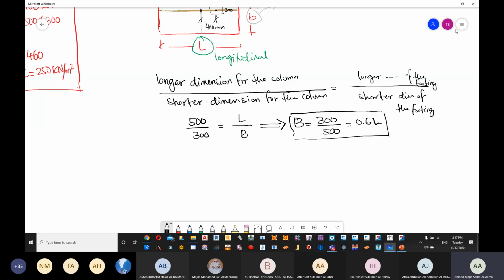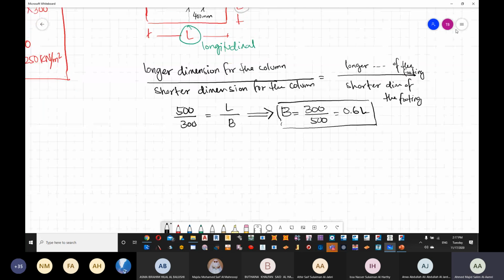Okay. Now, can we get the area of the foundation?